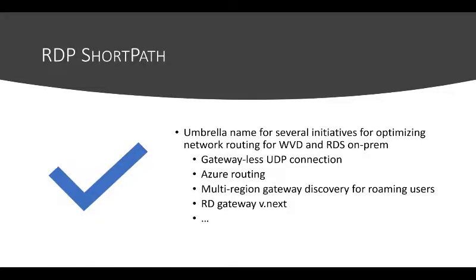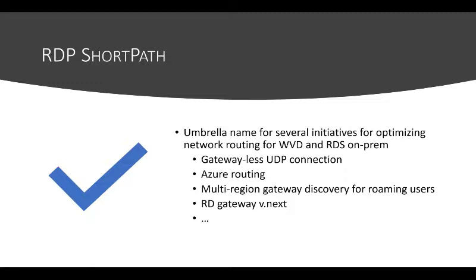We are also working on a technology called RDP Shortpath that will let you optimize the network routing for the RDP protocol and use UDP connections without the gateway by traversing the NAT firewalls.